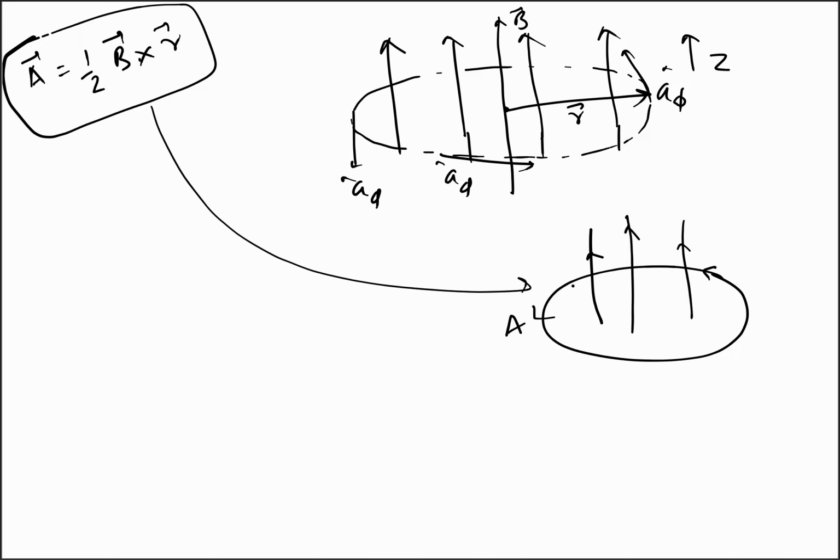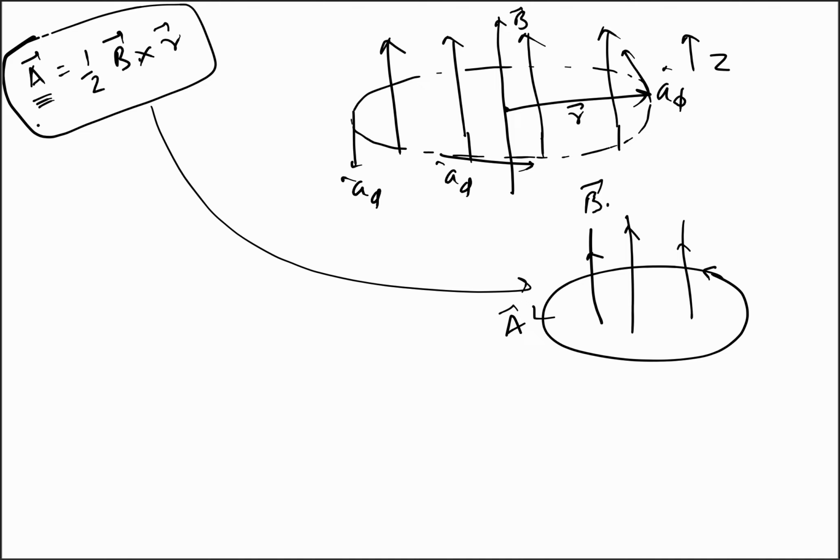So if A is like this, then its curl will be like this. So this also gives the physical picture, and it should be clear how we can visualize vector potential from a given field, or visualize a field from a given vector potential.